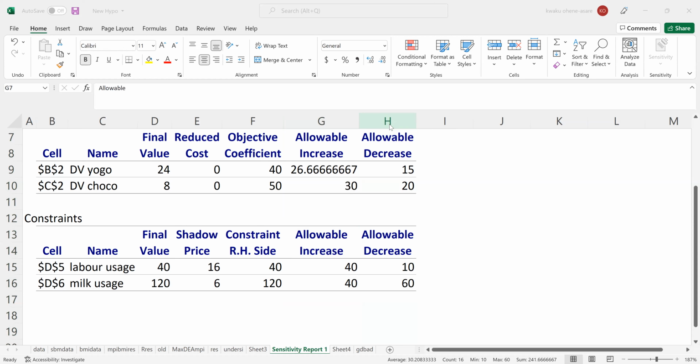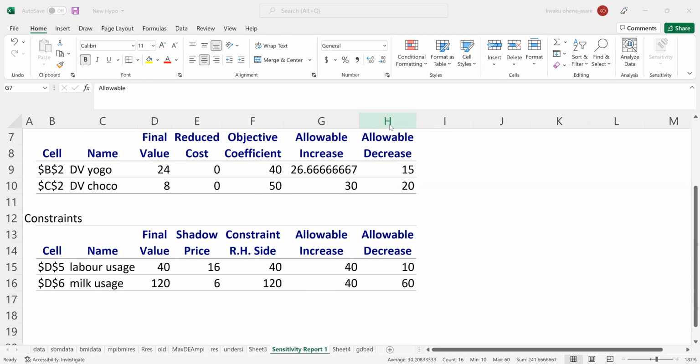Now, each constraint has a final value in there, and each of the variable cells also has a final value. The sensitivity range is related to the objective coefficient.